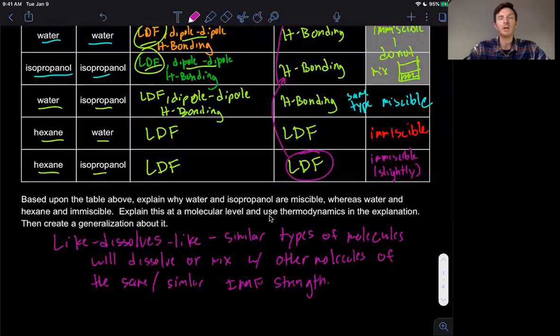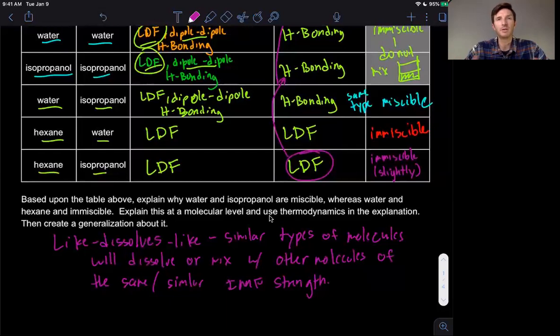So we look: do both of those molecules have dipole-dipole attractions? Then they're probably going to be fairly attracted to each other. Or do those molecules only have London dispersion force attractions, maybe something like hexane with butane? Those two substances are both nonpolar molecules, and so they would mix with each other. When we're trying to generalize this, we want to look at the types of intermolecular force attractions those molecules can have, and when we mix them together, how that is going to change those attractions.